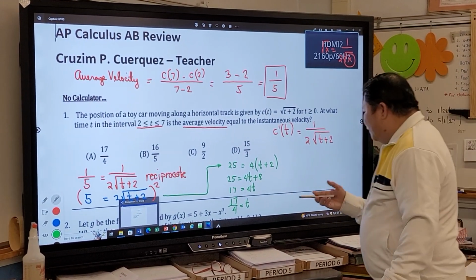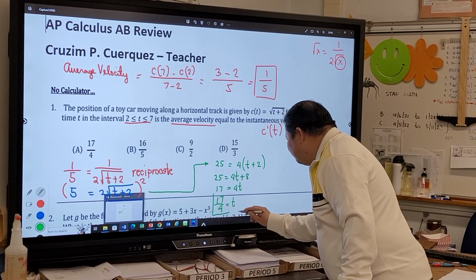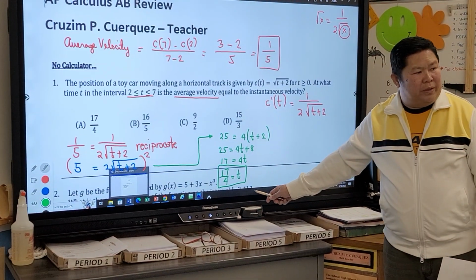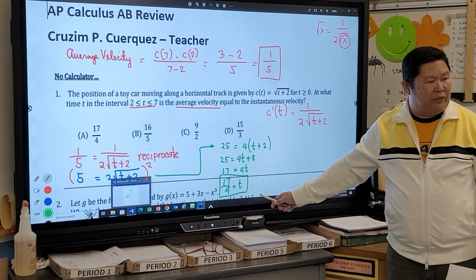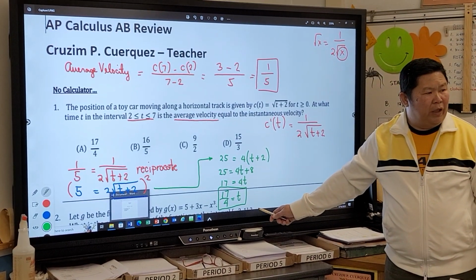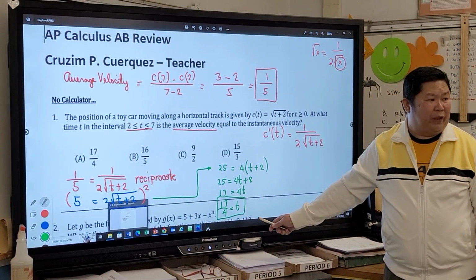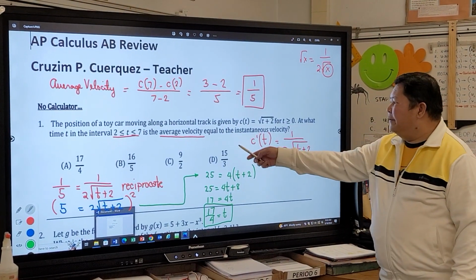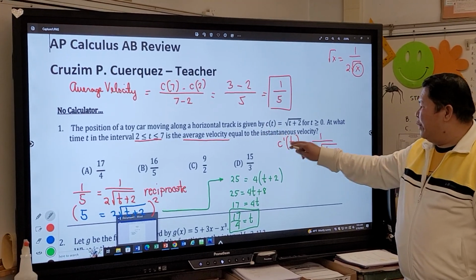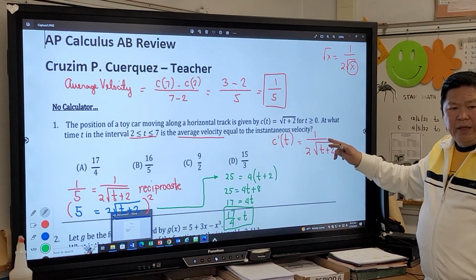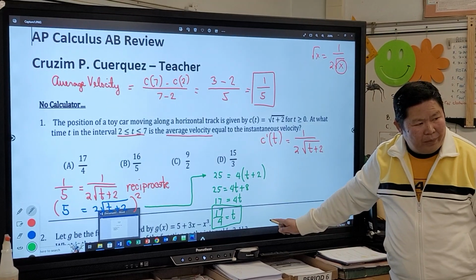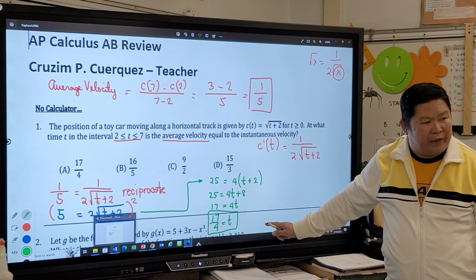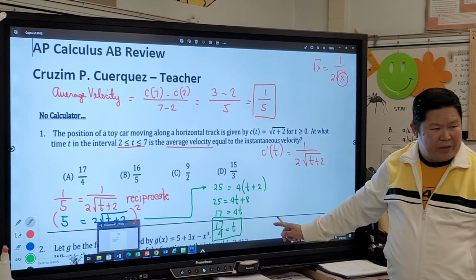Therefore at time t equals 17 over 4, or approximately 4 point something, either seconds or minutes, the average velocity is equal to the instantaneous velocity. At what particular time? 17 over 4, or 4 point something seconds or minutes, doesn't matter.